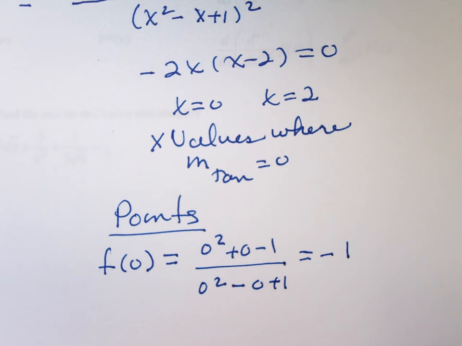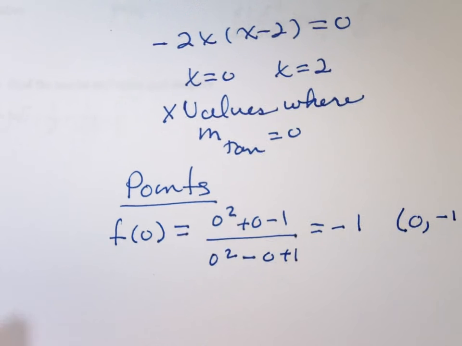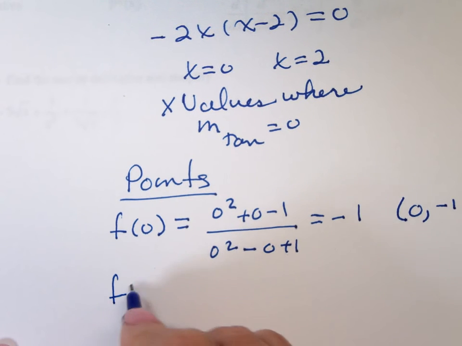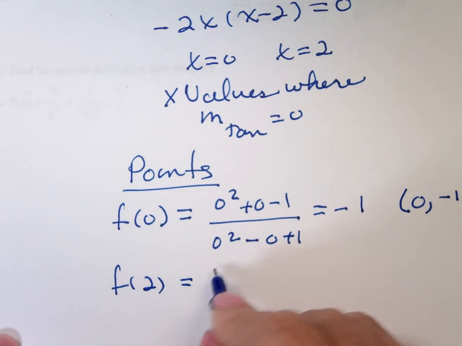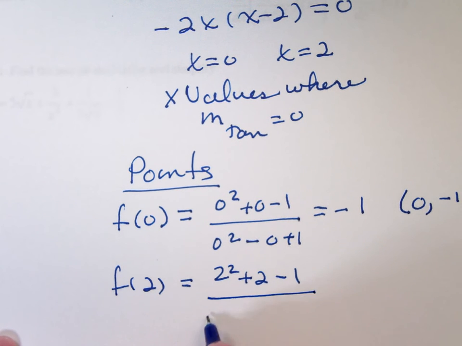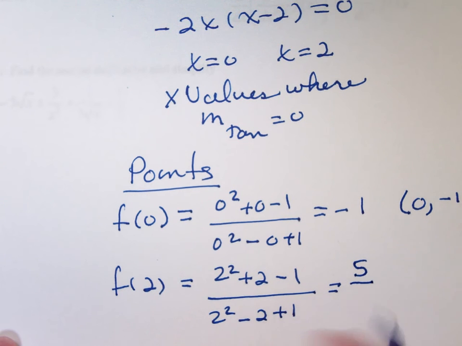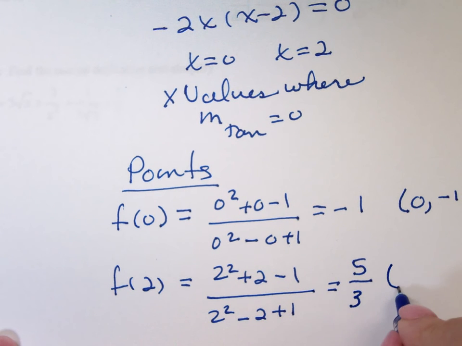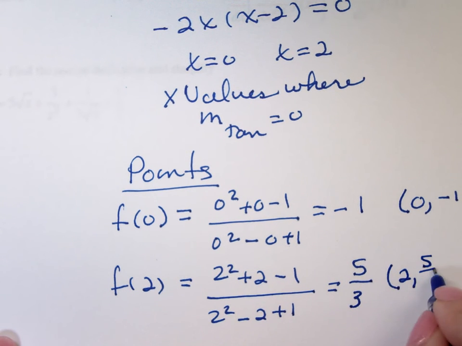So one of the points is x equals 0, y equals minus 1. And f of 2, that's 2 squared plus 2 minus 1 over 2 squared minus 2 plus 1. That's 4 plus 2 is 6, minus 1 is 5. 4 minus 2 is 2. 2 plus 1 is 3. So it's 2 and 5/3.